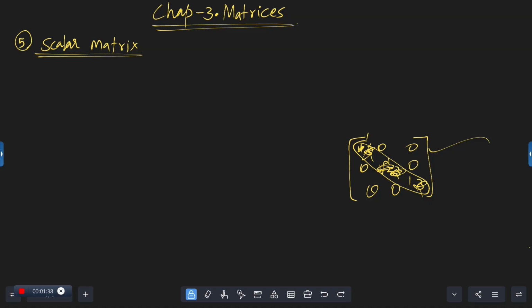Other than 1, if the same number is coming, it is a scalar; if different elements are coming, they are diagonal entries, which is called a diagonal. Understand? That is what I'm going to write here.